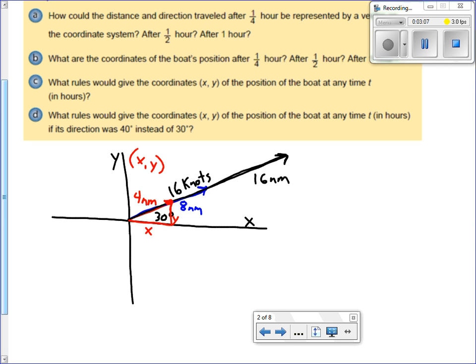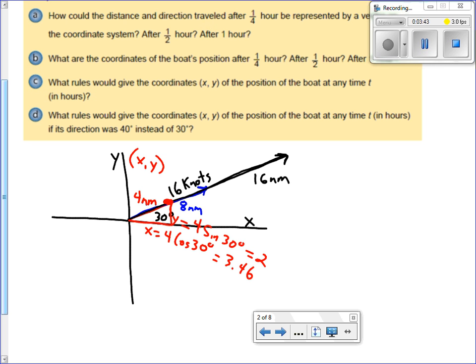We found x last week by taking the magnitude times the cosine of the angle. So x is 4 cosine 30 degrees. Y is sine, so 4 times the sine of 30 degrees. 4 times the cosine is 3.46. 4 times the sine is 2.